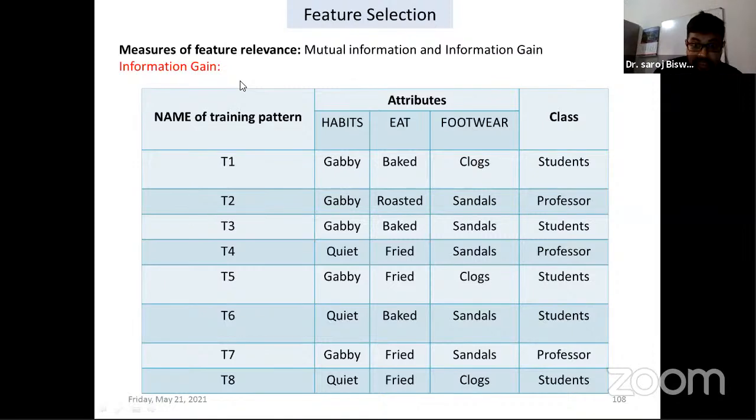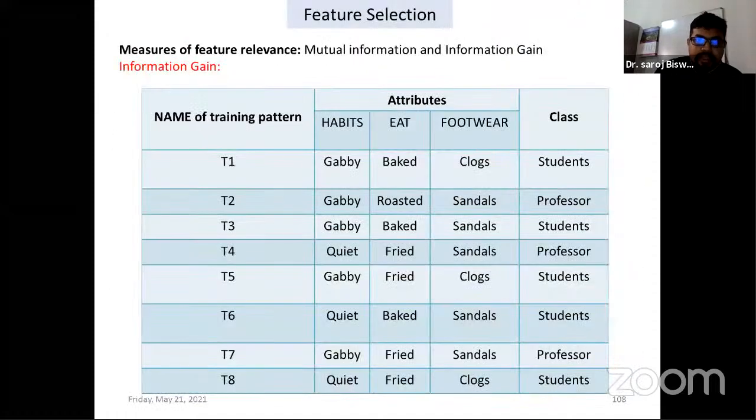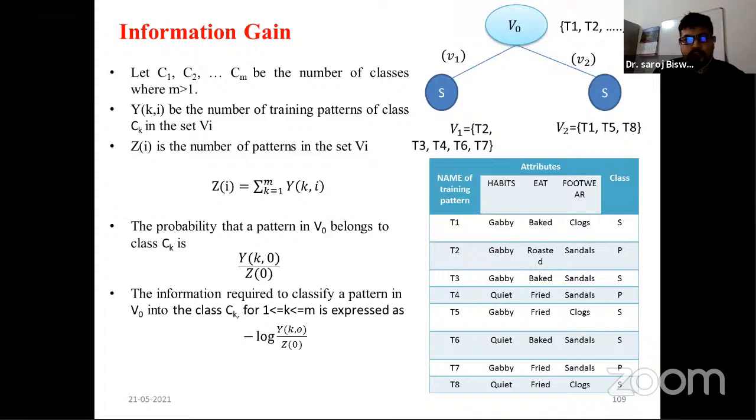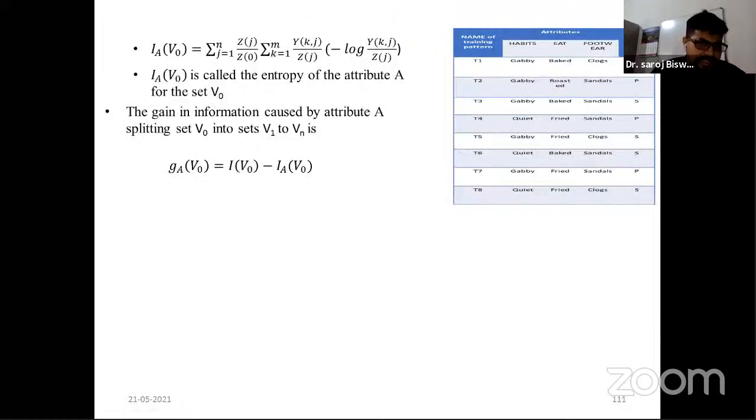I'm not going to discuss it here, because the decision tree is generally based on information gain. When we talk about the decision tree, I'll discuss it. We don't have sufficient time to discuss all those things, so I'm skipping it, but still in the decision tree, this is required to find the significant features.